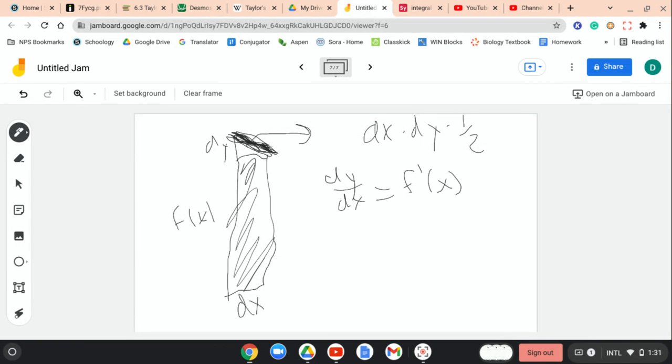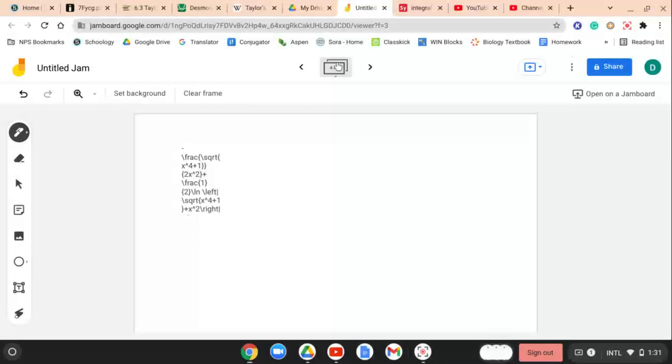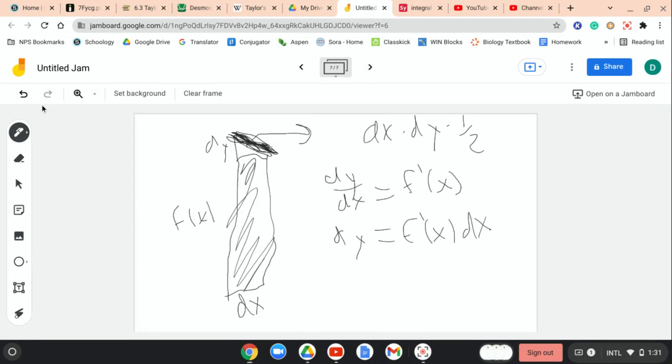So by multiplying both sides by dx, dy equals f prime of x times dx. So I'm going to substitute this for dy in our equation, and you'll see why that becomes relevant in just a second.